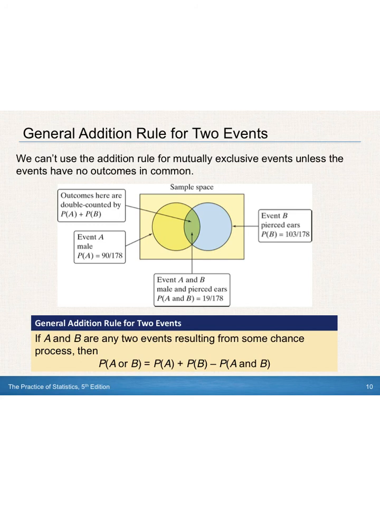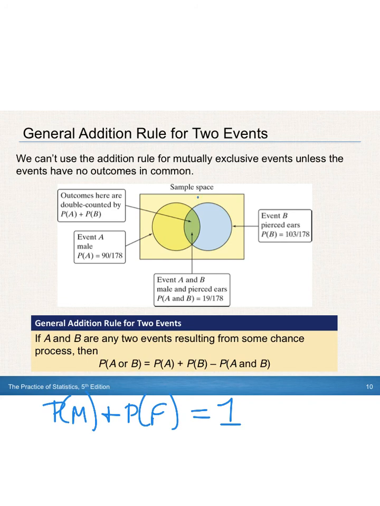Now there's another way of looking at the same situation, and that's a Venn diagram, and that's going to allow us to talk about the general addition rule for two events. In this case, if the two events are mutually exclusive, like males and females, we could have very easily looked at the probability of a male in the sample and the probability of a female in the sample, and we could have added them together because there was no overlap, and that would have been actually the entire sample.